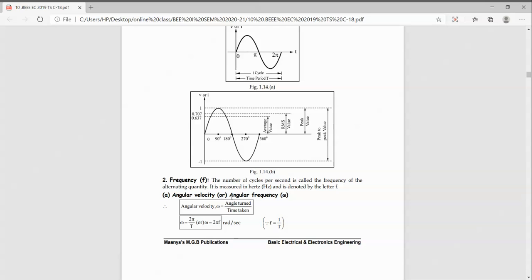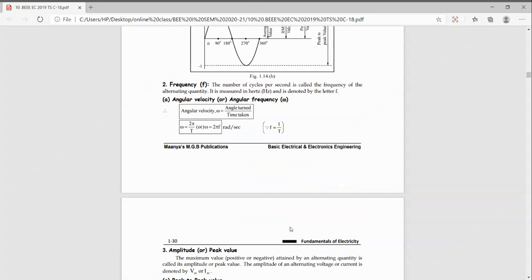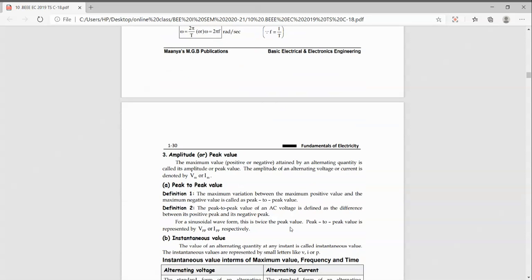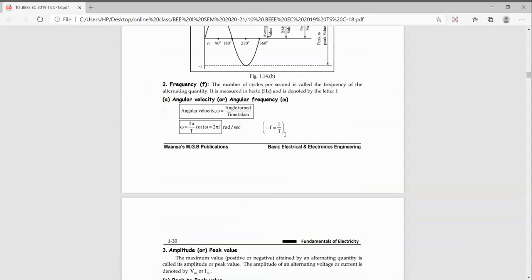Here, angular velocity or angular frequency is omega. Angular velocity omega is equal to angle turned by time taken, which is given by the formula omega equals 2 pi by T, or omega equals 2 pi f, where f is 1 by T. So f is 1 by the time period T. You have to remember the frequency formula, f equals 1 by T.